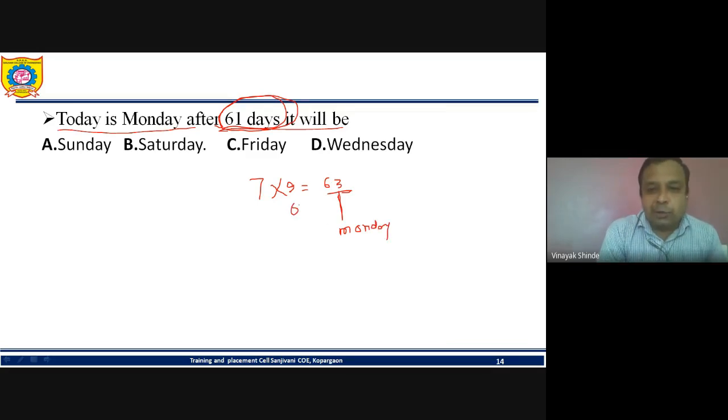So on 62 there is a Sunday, and on 61 there is a Saturday. So option number B is right.